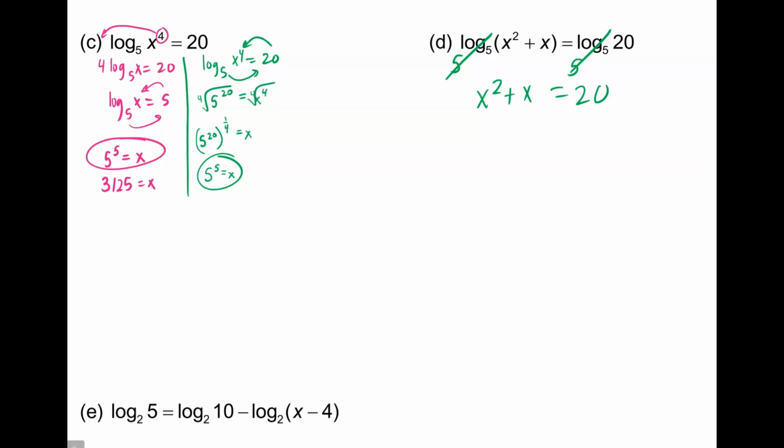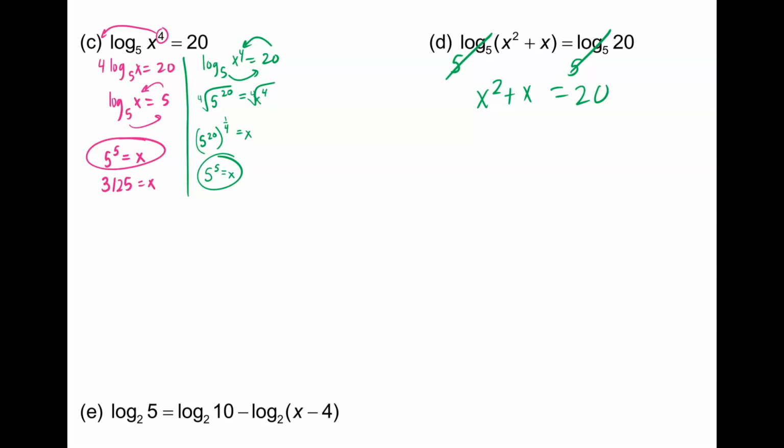Log base 5 of left is equal to log base 5 of right. Since there's an equal sign, whatever's inside that I'm taking log base 5 of has to equal log base 5 on the right side. But why did you have to write the 5? You didn't have to. It's just I'm justifying. If I put 5 to the power of each side, 5 to the log base 5 goes away and I'm left with x squared plus x.